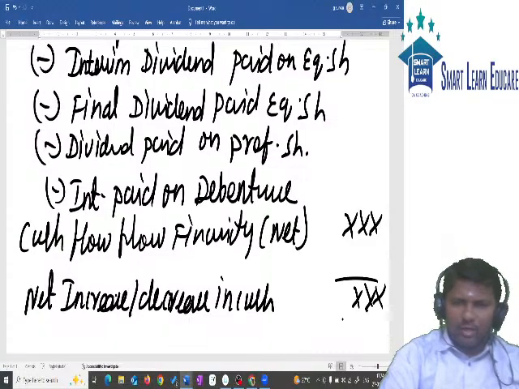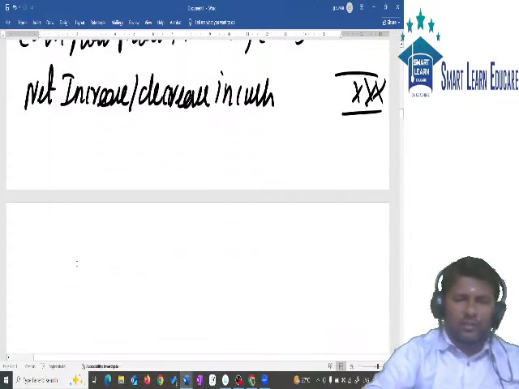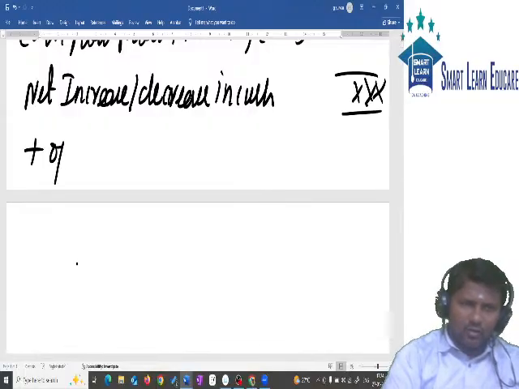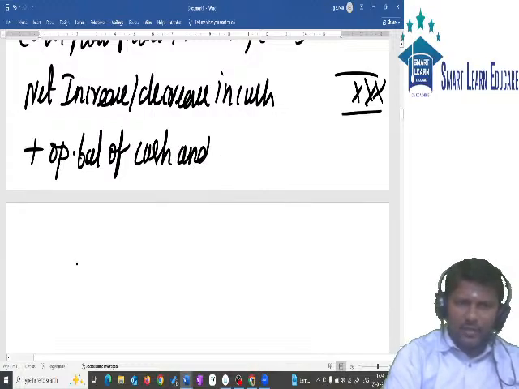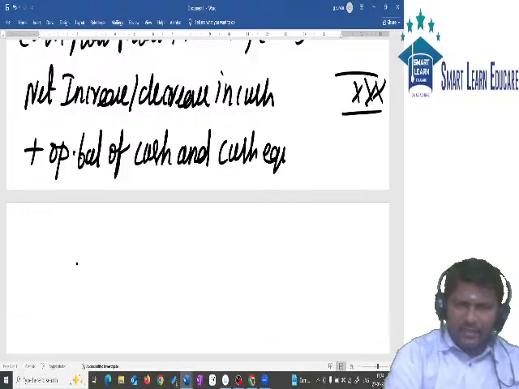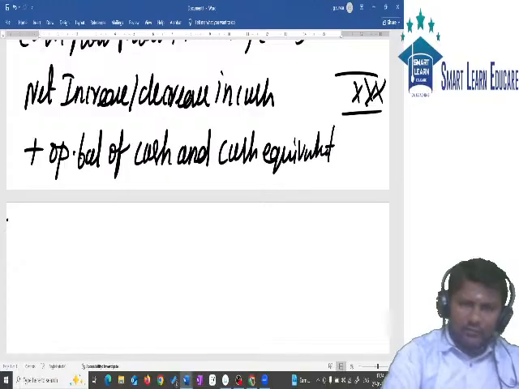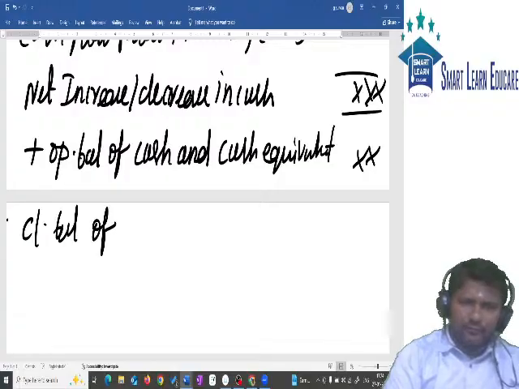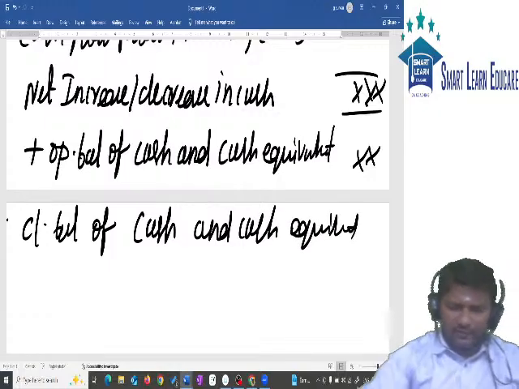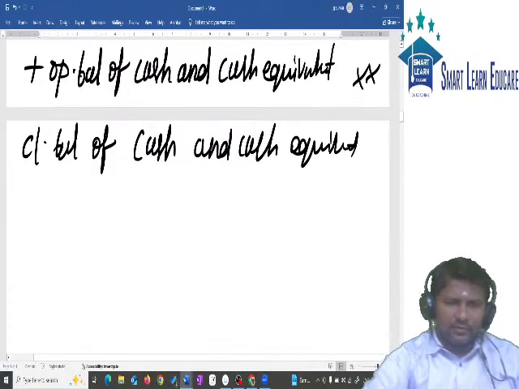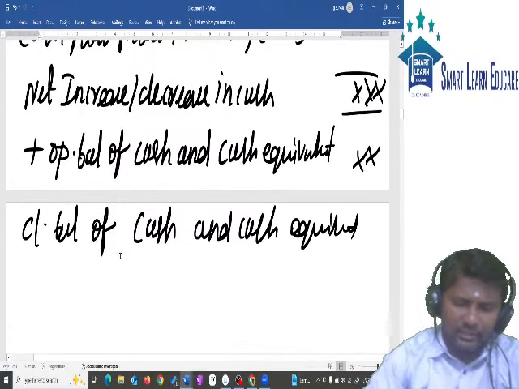Net amount, the summation of all three. Add the opening balance of cash and cash equivalent. This will give you the closing balance of cash and cash equivalent, or the balance cash at the end.